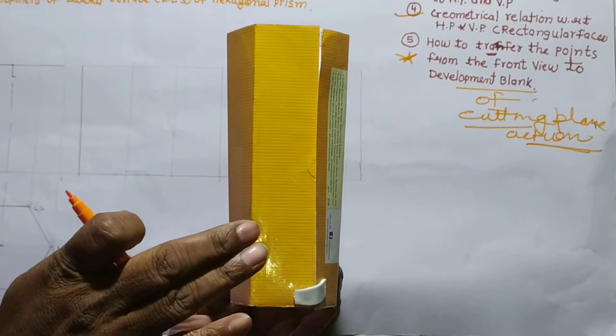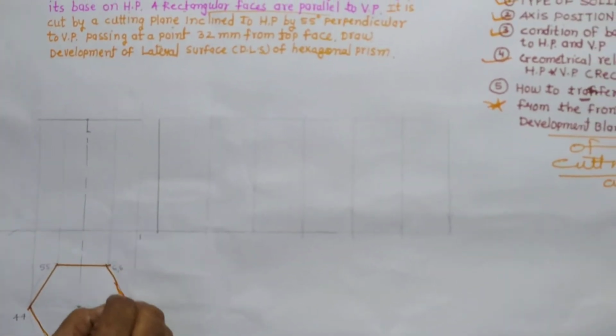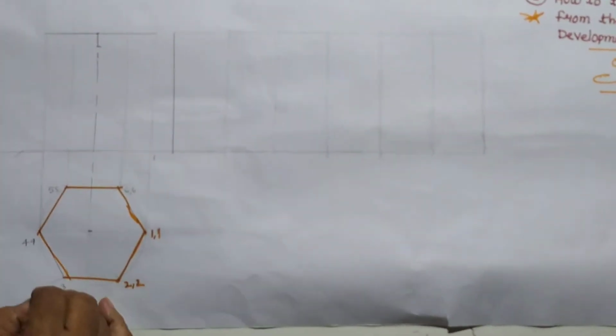So the condition will turn to draw the hexagon in this fashion. Now we'll name it as 1, 2, 3, 4, 5, 6.